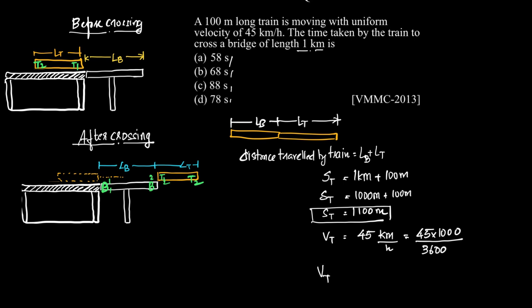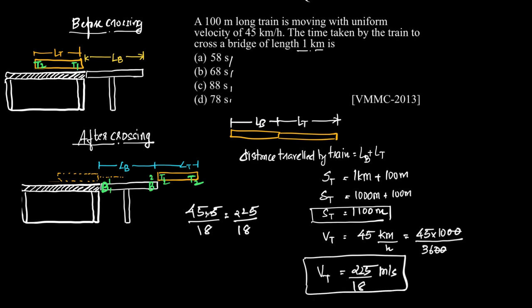So velocity of train basically becomes 45 into 5 by 18, right? 5 5s are 25, 5 4s are 20 plus 2 is 22. So we get 225 by 18. So velocity is 225 by 18 meter per second.